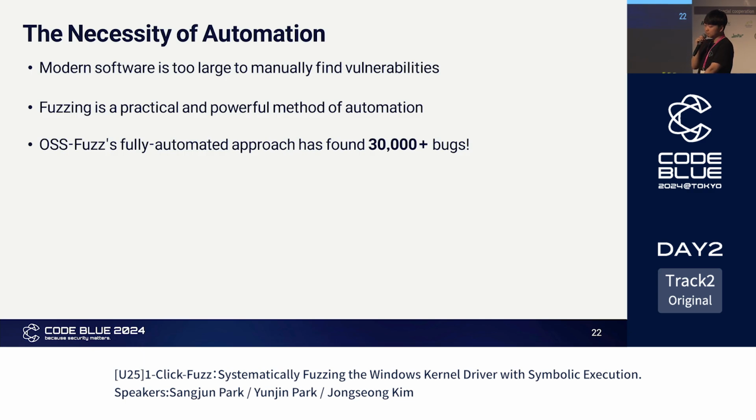The goal of fuzzing is to find bugs with minimal knowledge. There's also a fully automated fuzzing tool, OSS-Fuzz, which has shown the power of automation by finding over 30,000 bugs in 500 open source projects. That's why we decided to develop a fuzzing framework to automate the analysis of Windows kernel drivers and find vulnerabilities.